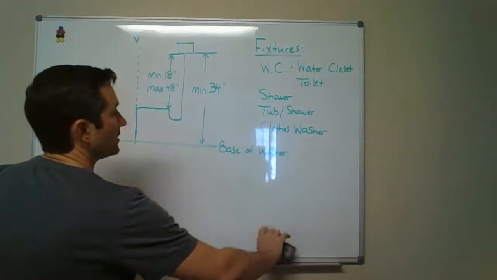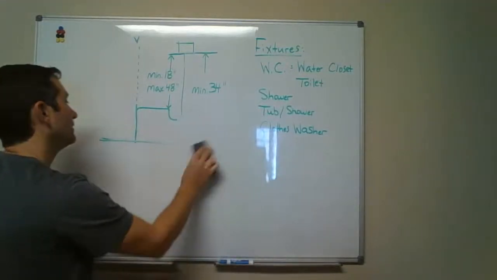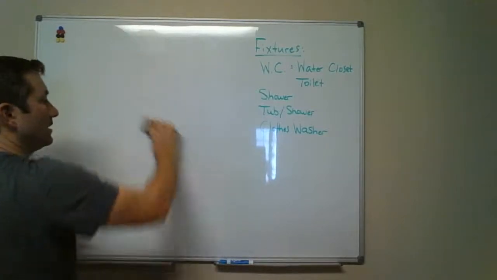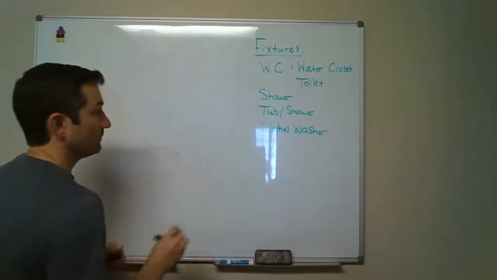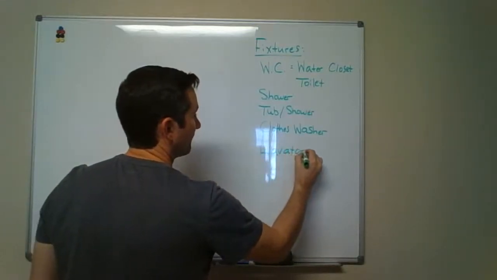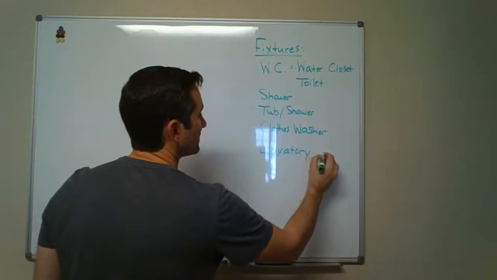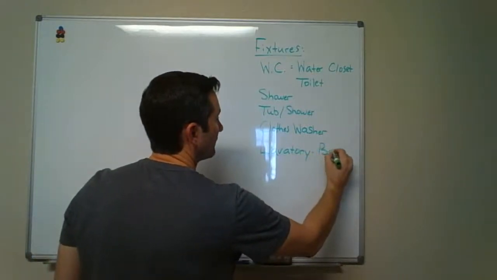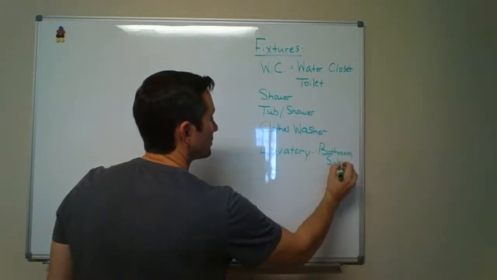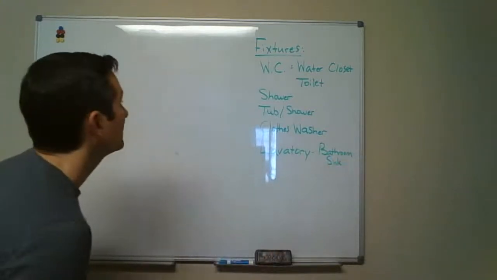Okay, let's go to another fixture here. Let's look at the bathroom lavatory. A lavatory is a bathroom sink, okay? In plumber terms, we call them lavatories.